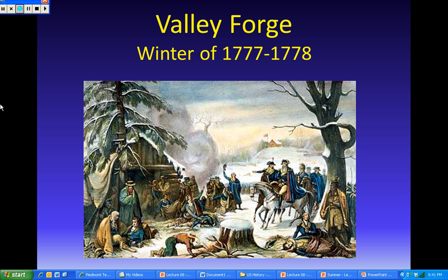So these troops are running very, very short on supplies. You'll see a lot of images of them with their feet bandaged because they ate their shoes, because that was all that some of them had to eat. So absolutely miserable conditions, tons of disease, not a good winter whatsoever for Washington and his men at Valley Forge.